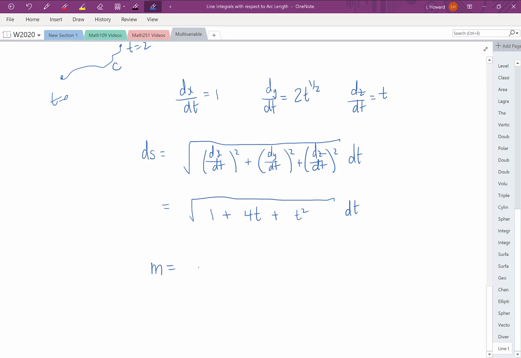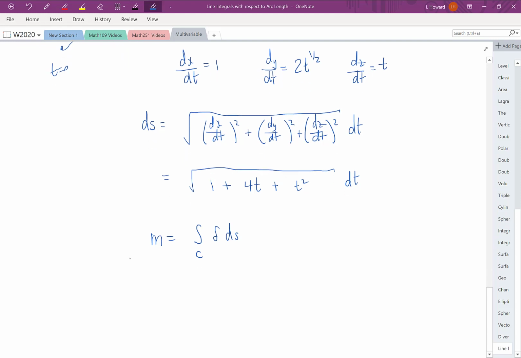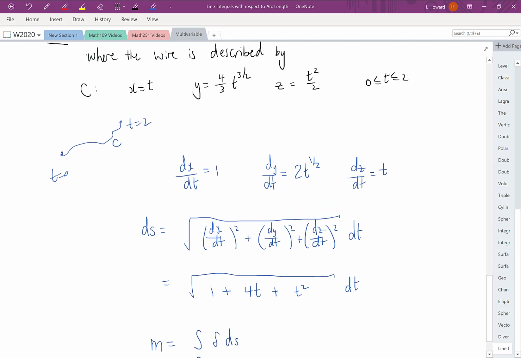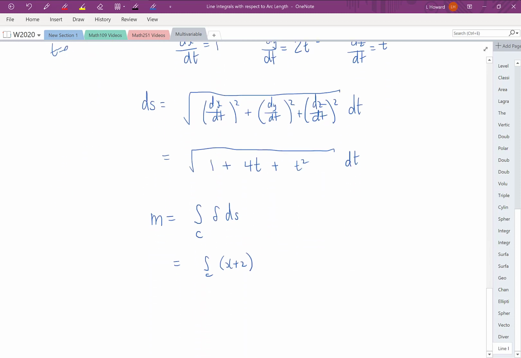So now we can say mass is going to be the integral along our curve of delta ds. In other words, integrating along our curve, we were told in the question that our density function was x plus 2. So we'll just sub that in there. And then that's times ds still.